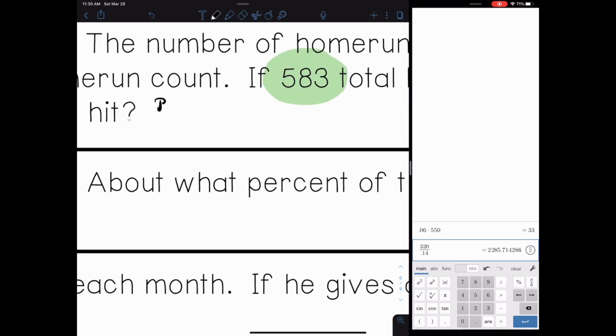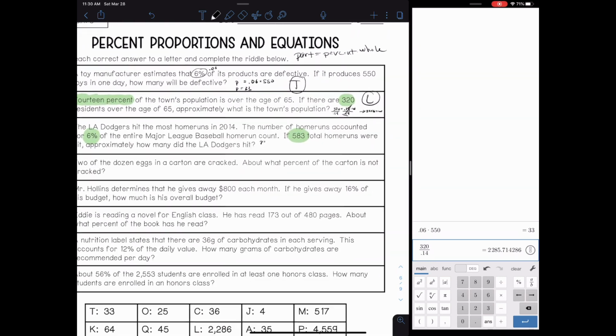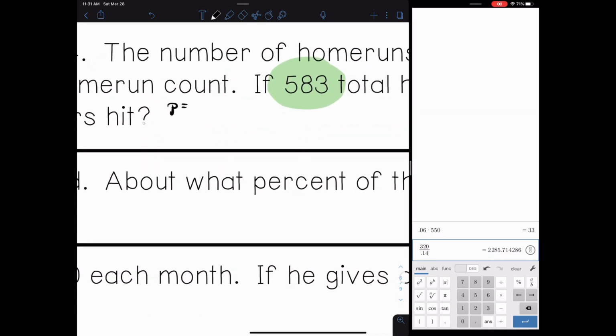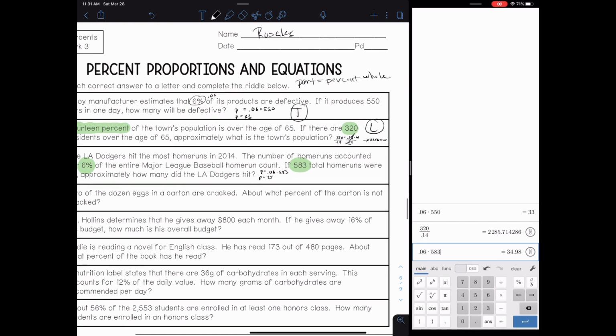I'm missing the part, equals the percent. And it said 6%, so that is 0.06 times the whole, which is 583. P is already isolated, so you get 0.06 times 583, and approximately 35 home runs belong to the LA Dodgers.